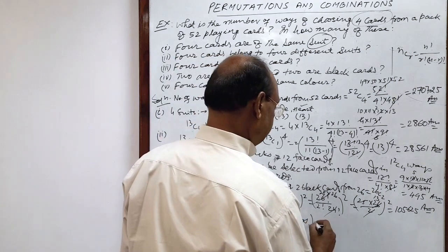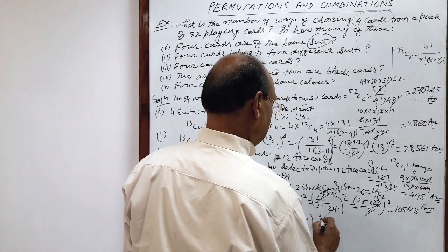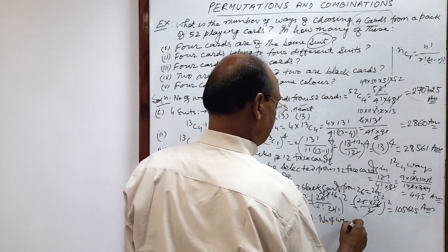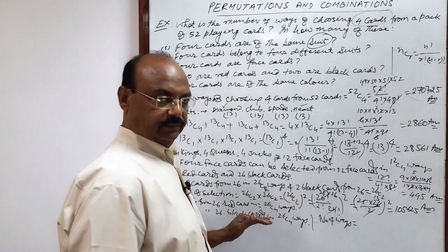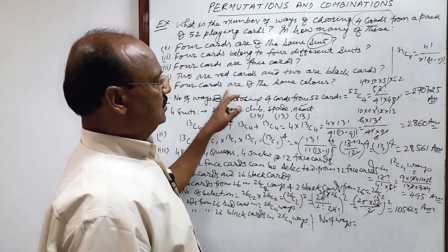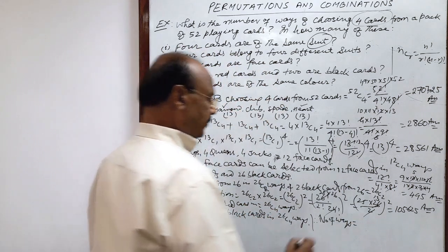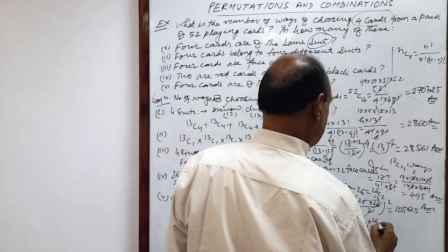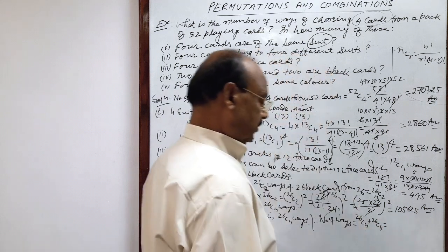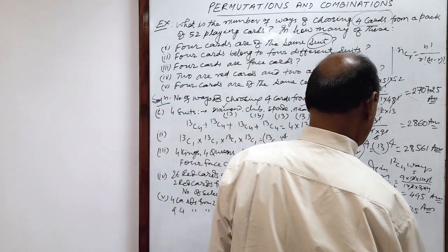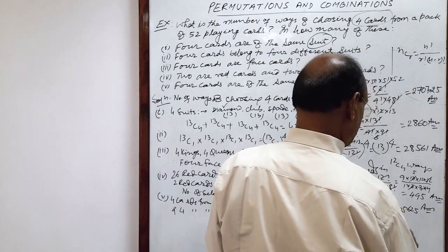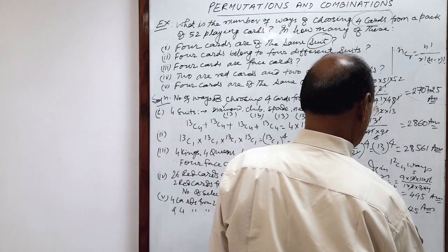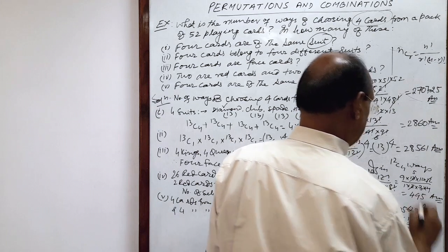So therefore the number of ways of selection of 4 cards of the same color will be 26 C4 plus 26 C4, which means 2 into 26 C4, and 26 C4 is 26 factorial by 4 factorial into 22 factorial.